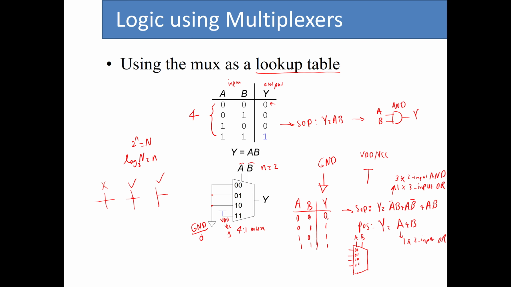As you can see here, the output is going to be 0. So I basically connect this to the ground. What about the rest? The output is going to be 1 when either of the inputs or even both of them are 1. So what I do is that I connect all these to VDD. And simply by doing this, I can create the implementation for this function using a single multiplexer.